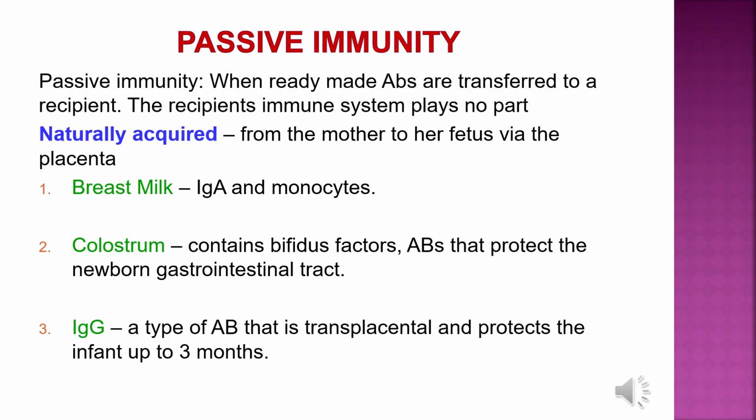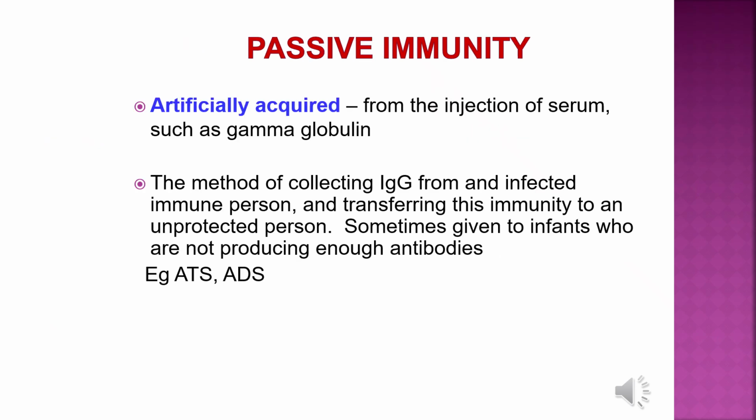Colostrum contains bifidus factors and antibodies that protect the newborn from gastrointestinal infections. Then IgG, a type of antibody that is transplacental, protects the infant up to 3 months. Then artificially acquired is from the injection of serum such as gamma globulin.